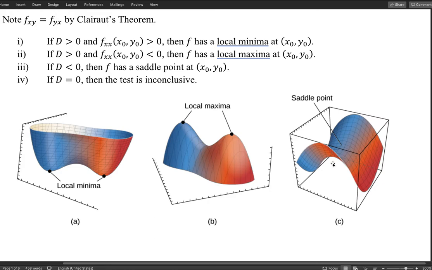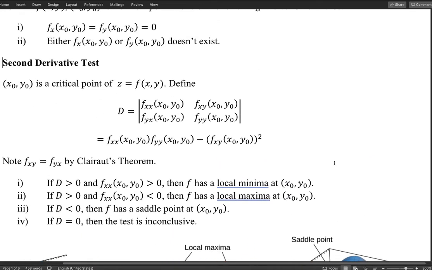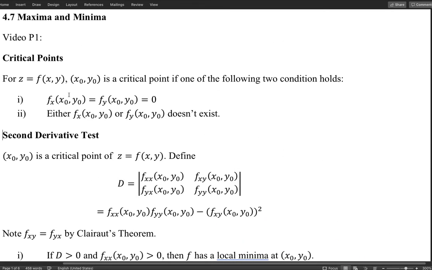To get started, we will first define a new concept, a critical point. A critical point for a function of two variables is a point where both partial derivatives equal 0. Both partial derivatives are required to equal 0.